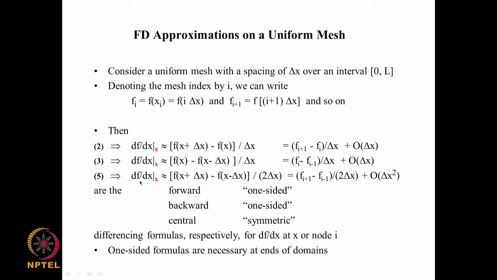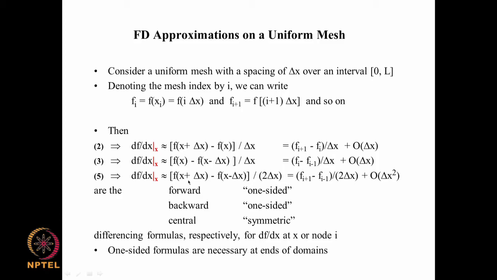Now there is some difference between these three approximations. So this first one is known as the forward differencing approximation, because df by dx at x is given in terms of f of I plus 1 minus fi divided by delta x. The second expression, where the same derivative at the same location is expressed in terms of fi minus fi minus 1 over delta x, that is known as backward differencing.